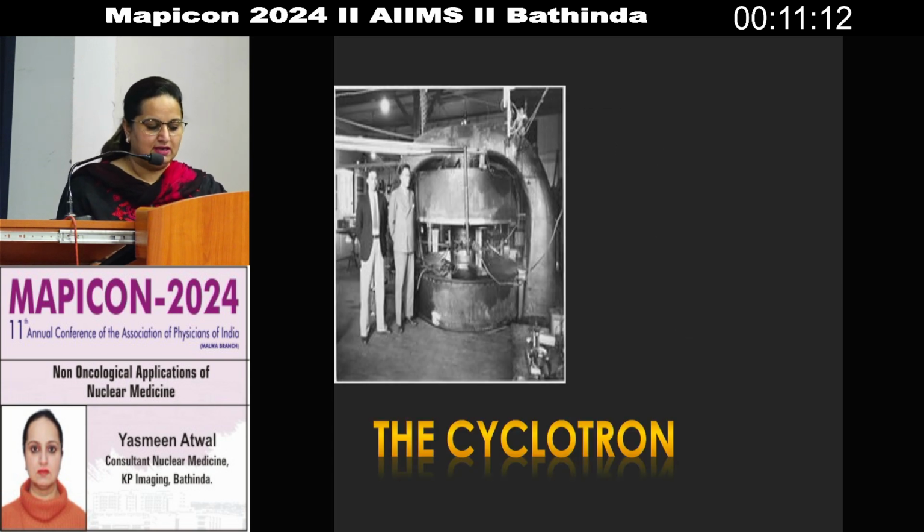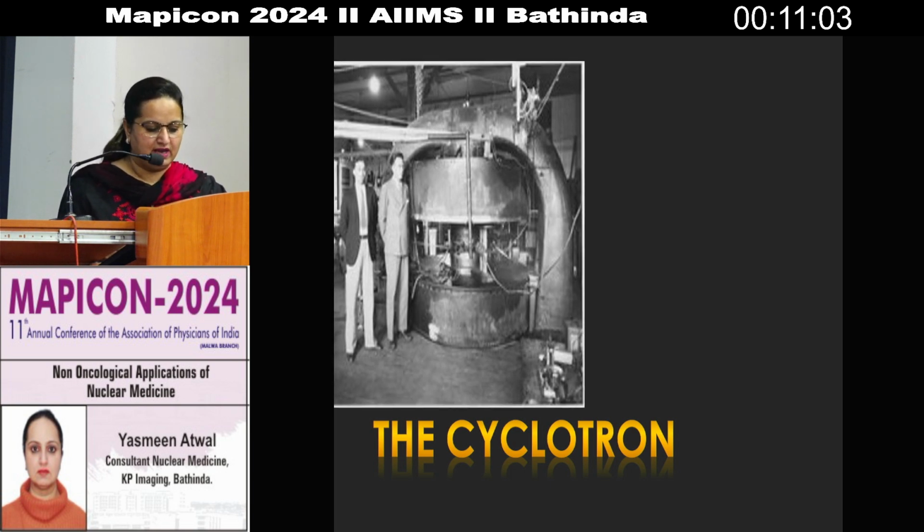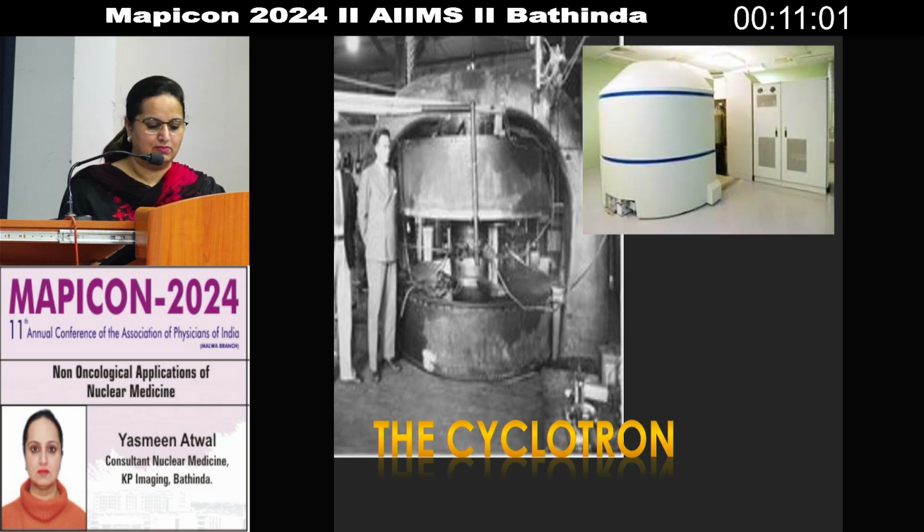This is the first cyclotron that was made in the 1930s, long ago. Now we have the most compact modern cyclotrons, called medical cyclotrons. These are the production units for the PET scanners, that is FDG.